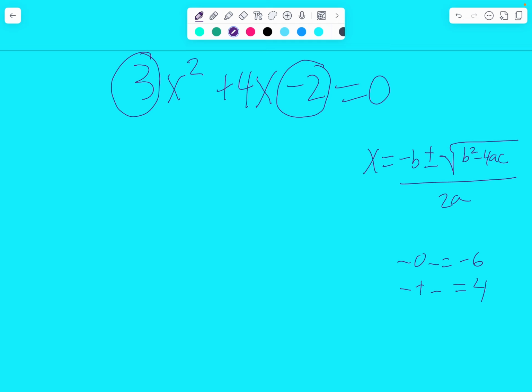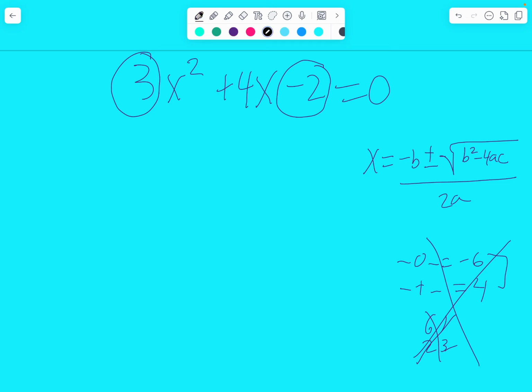There's really nothing in the world that multiplies to 6 but adds to 4. You've got 6 times 1, you've got 2 times 3, but none of that would ever add or multiply to what we need it to be. 2 times 3 is 6, 2 plus 3 is 5. 6 plus 1 is 7, and it just wouldn't work, right? So we have to use the quadratic formula.